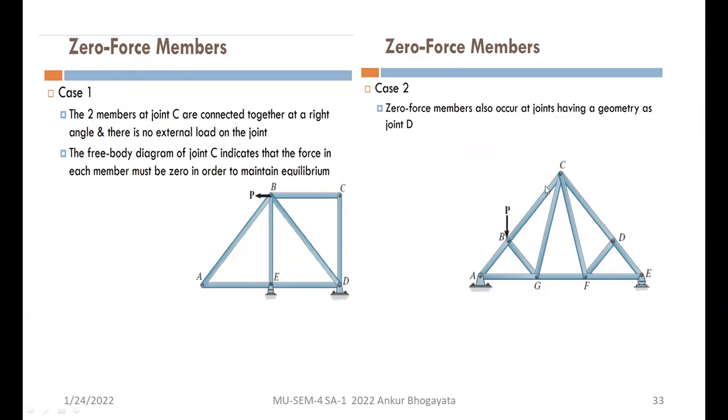Now you know that. In case two, you can observe that even at this joint D, there are good chances of having zero force members.